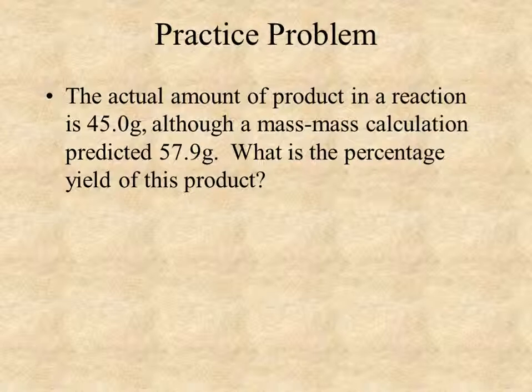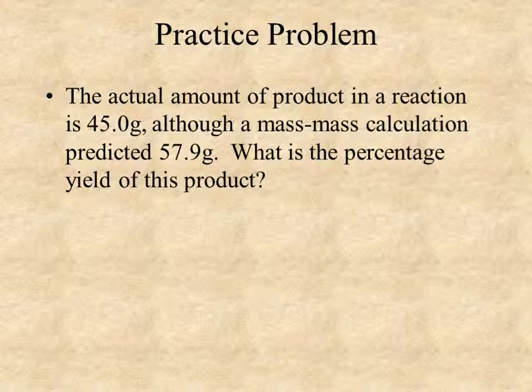In the first practice problem, the actual amount of product in a reaction is 45.0 grams, although a mass calculation predicted 57.9 grams. What is the percentage yield of this product? Now, when solving percentage yield, you need to remember that the actual and the theoretical yields must be in terms of the same substance. If they're two different masses for two different substances, you cannot plug them directly into the percentage yield equation.